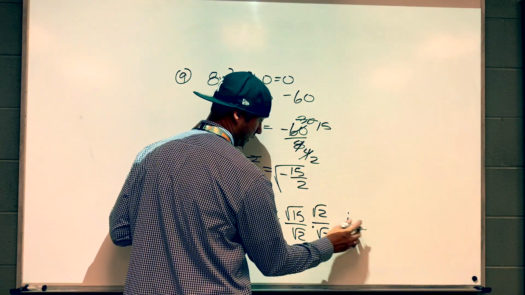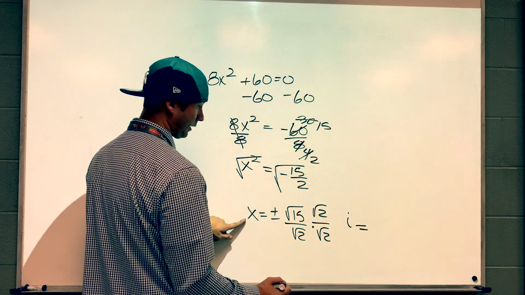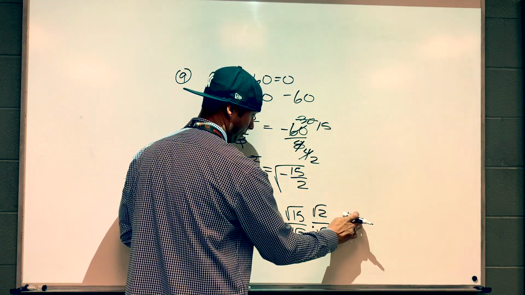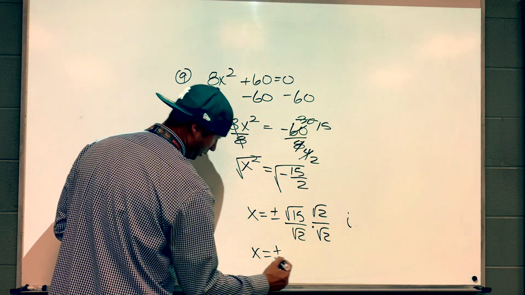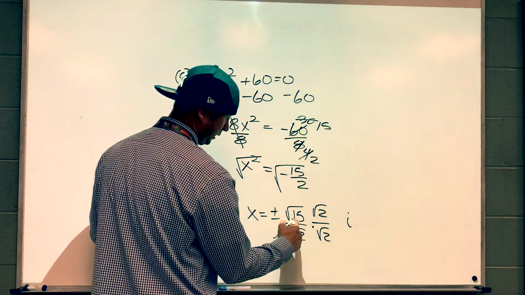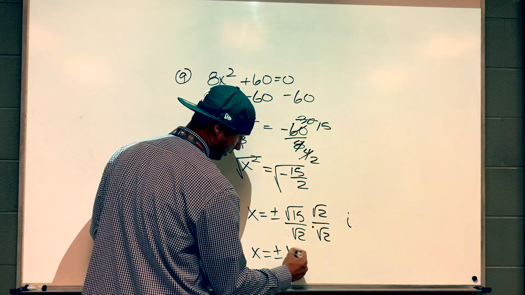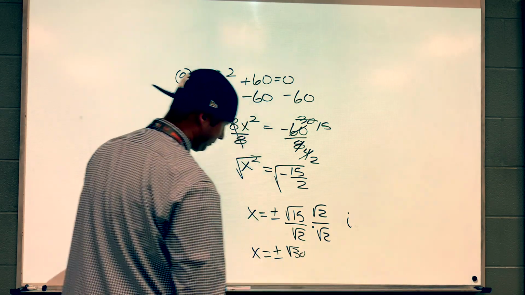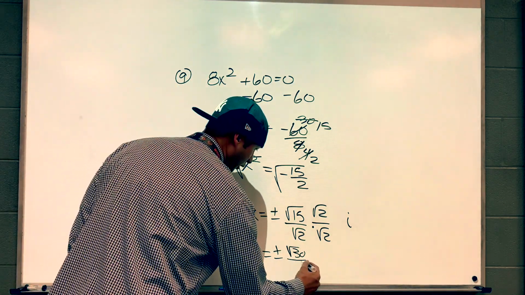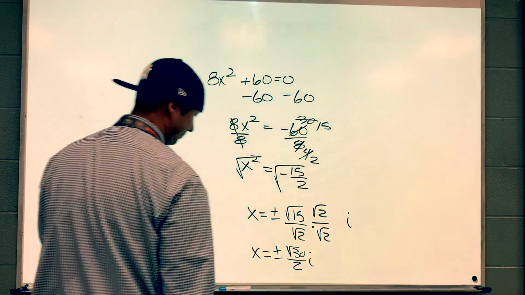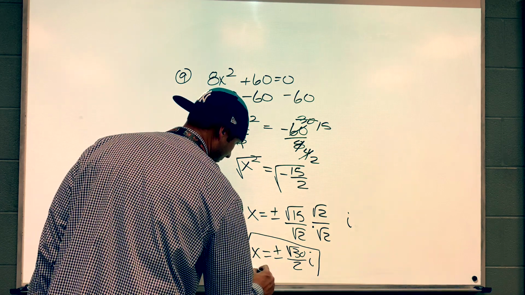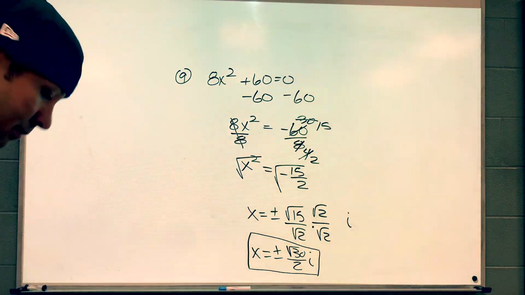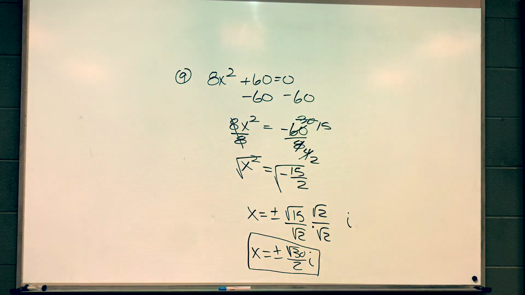So this is going to be x is equal to plus or minus. So inside times inside, root 30 over 2 i. Okay.